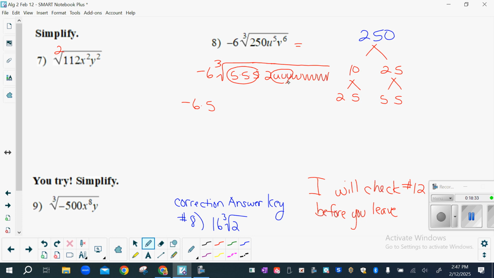We have one here and another one here. So it's going to be 6 times 5 u v squared, because we have 2 groups of the v's. And then cube root, what's left inside there is 2u squared. So it would be -30 u v squared times the cube root of 2u squared.